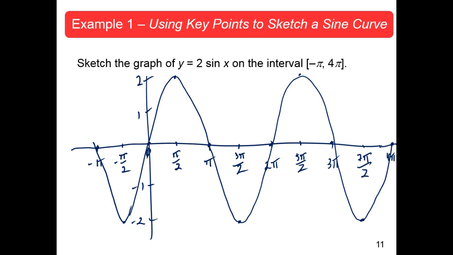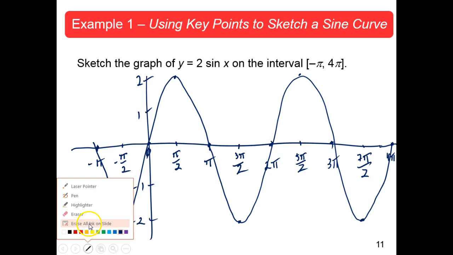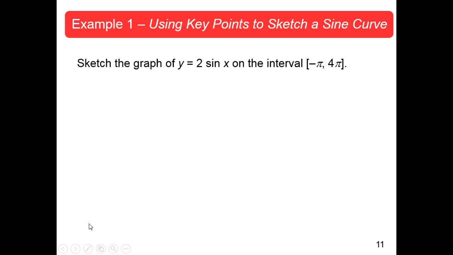That repeats itself. Every period repeats itself wherever you start that period. Okay? Does that make sense? That's your first graph of a sine function. Any questions before I erase it? Okay, all right. Let's see how they do it.